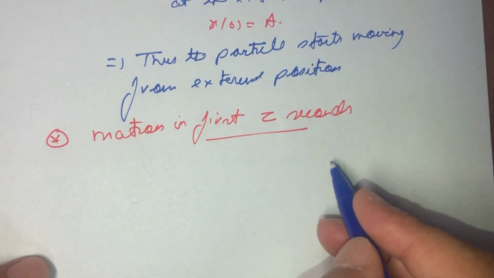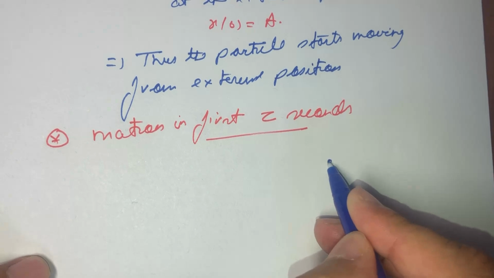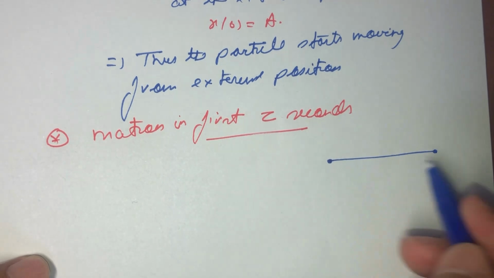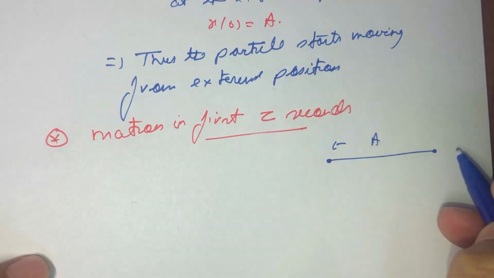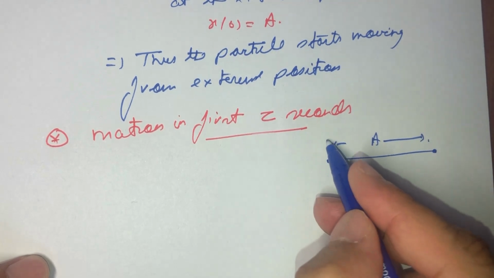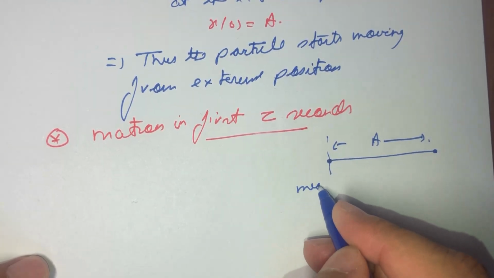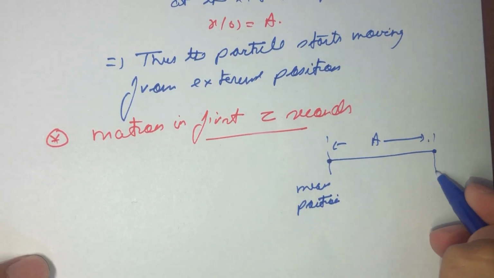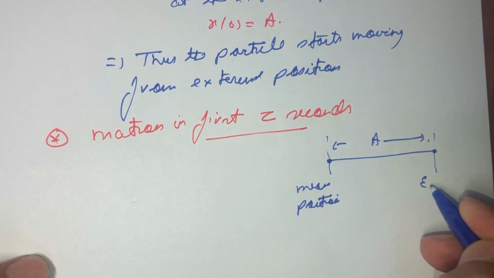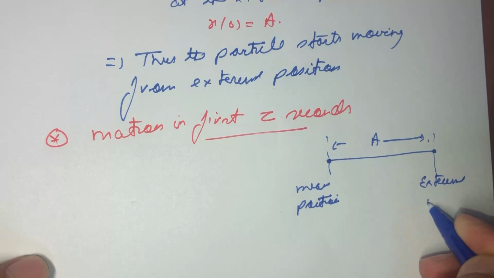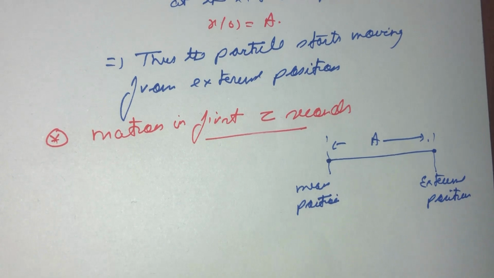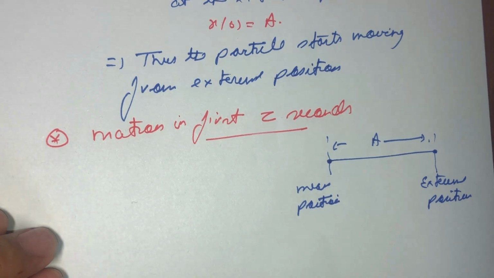So it means our particle, let us suppose this is the mean position, and the particle is at the extreme, so this is the extreme position, and this is our maximum displacement A. We say that the distance traveled in first tau seconds is a.